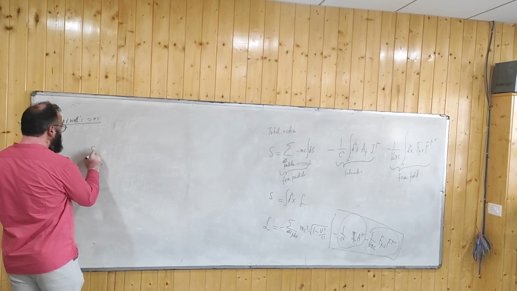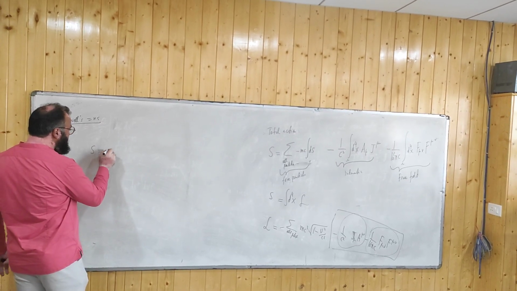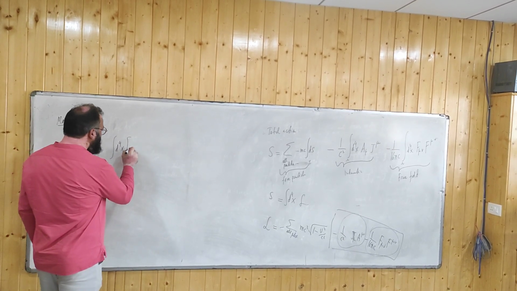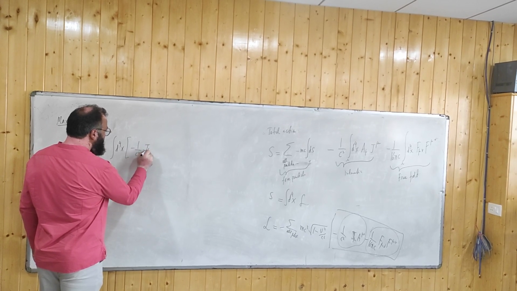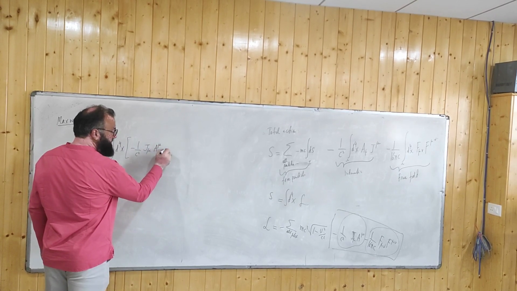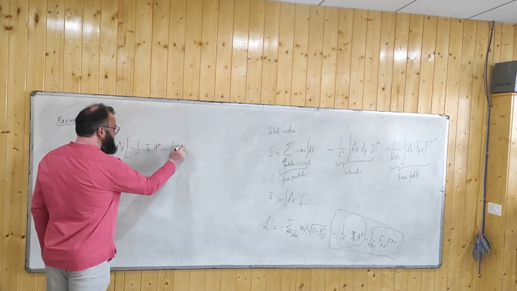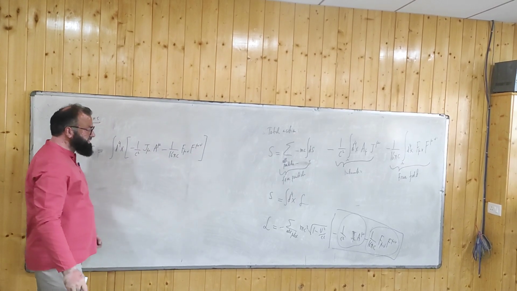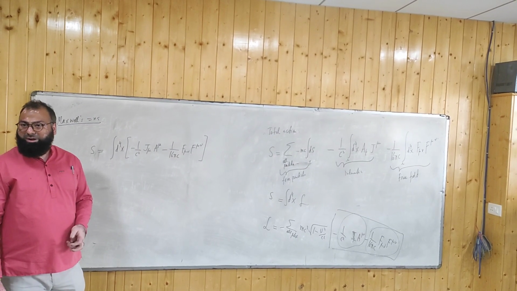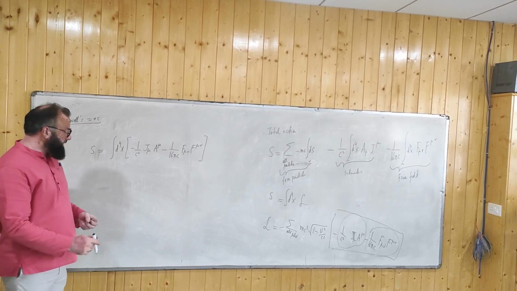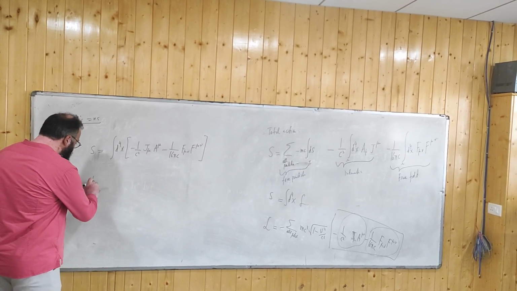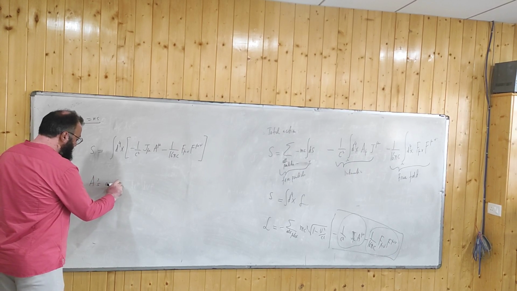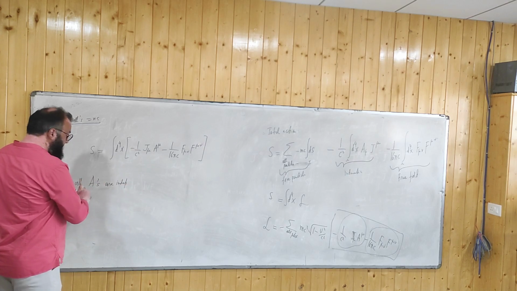So I will take only the action which is necessary, the integral d4x of minus 1 by c squared J mu A mu minus 1 by 16 pi c F mu nu F mu nu. This is the action I will consider to arrive at Maxwell's equations. I take the A's as independent fields.